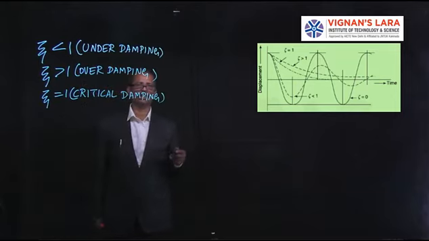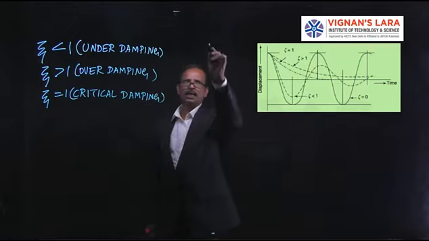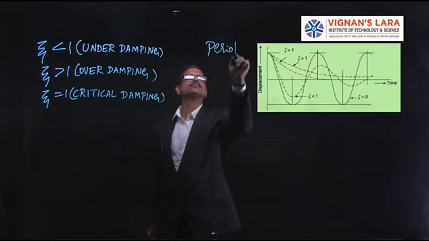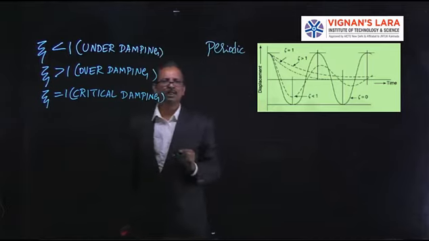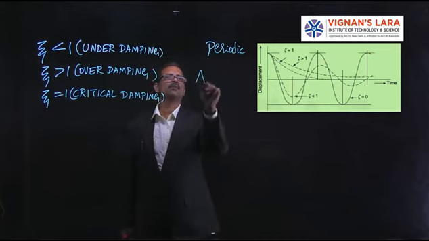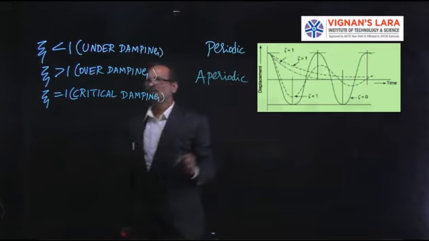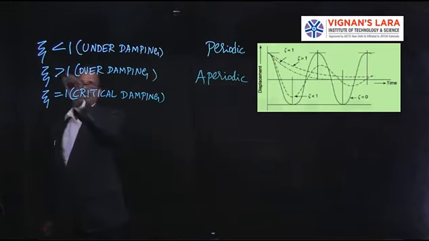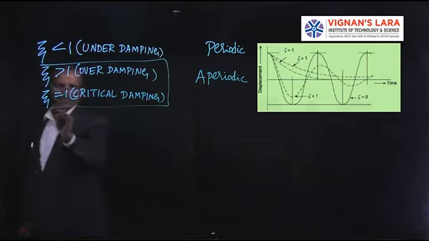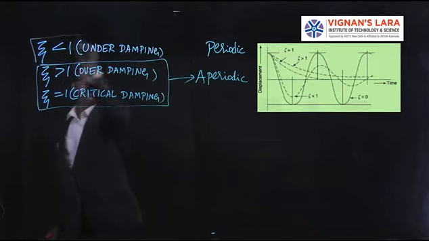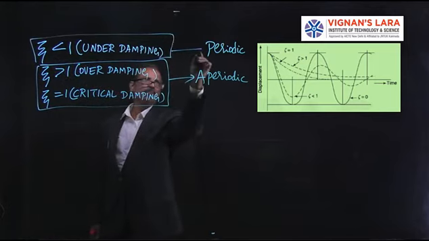Aperiodic is not repeating. If you look at over damping and critical damping, these two are aperiodic in nature, and under damping is periodic in nature.